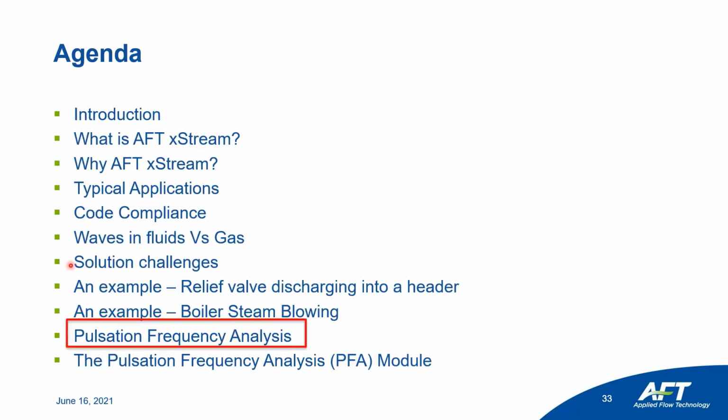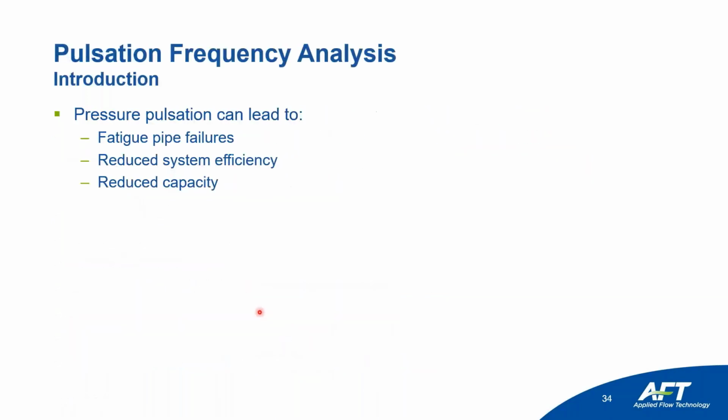So now we're moving down to pulsation frequency analysis that you can perform using the PFA module. As we know, in reciprocating compressors, pressure pulsation can lead to fatigue, pipe failures, reduced system efficiency, and reduced capacity.